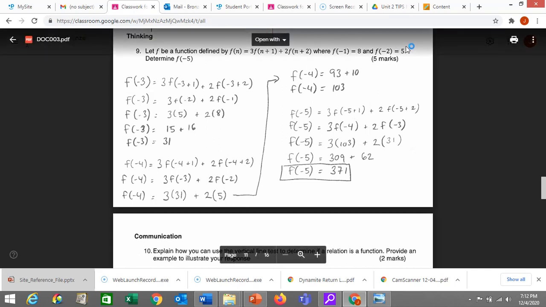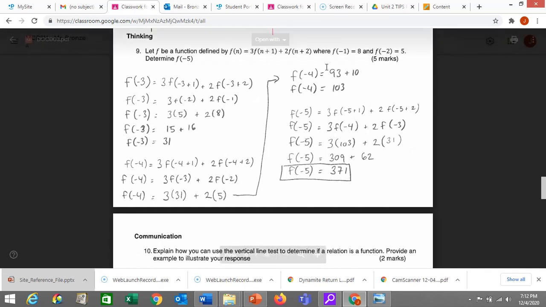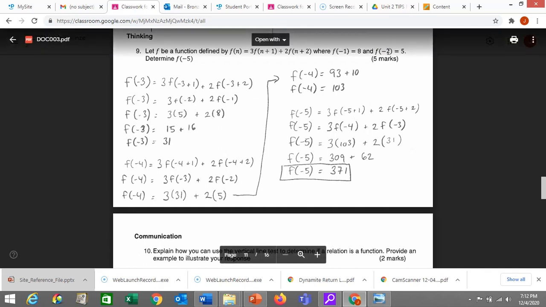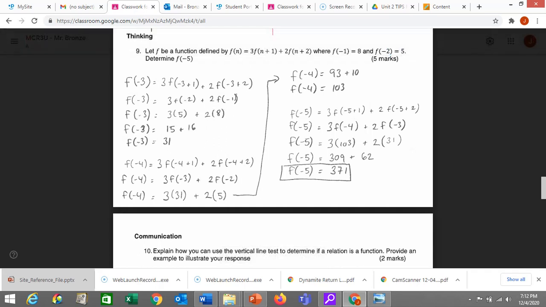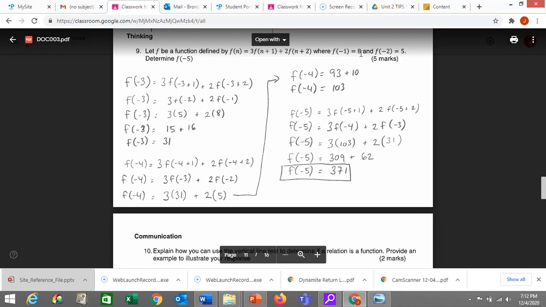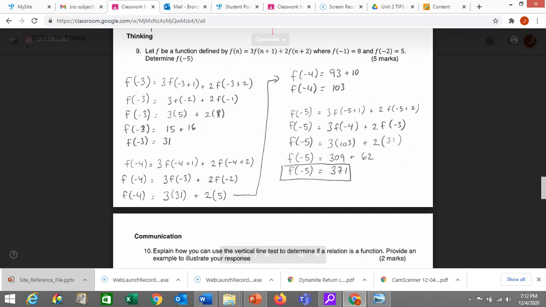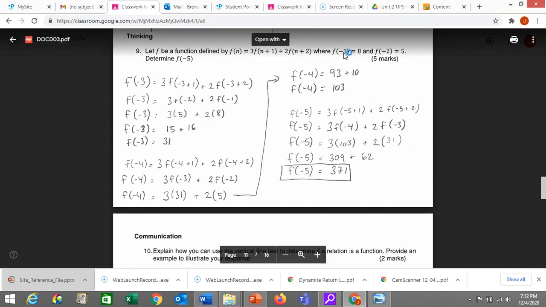I can replace f at negative 2 with 5 because I'm told right here that f at negative 2 is equal to 5, and f at negative 1 with 8 because I'm told f at negative 1 is 8. Then I get 15 plus 16, which is 31.